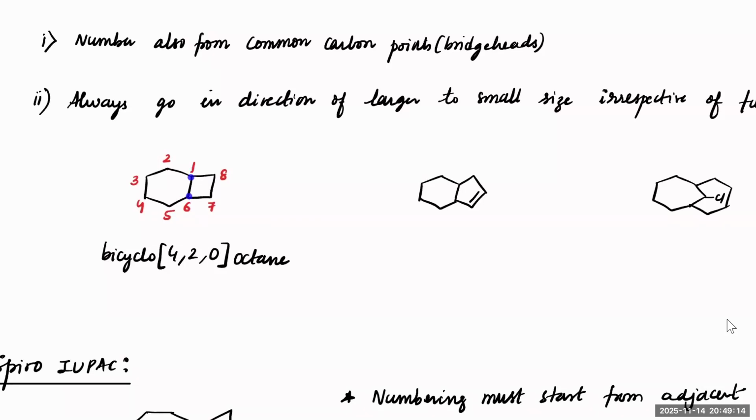With these common points, have you noticed left side I have the highest number of carbons? How many? 1, 2, 3, 4. So that is the first thing you will mention, that there are 4 carbons. And next on the right hand side, how many do we have? 2 carbons. That is the next priority. Between the bridge positions, are there any carbons? No. So 0. So all these three numbers should be mentioned. So 4, 2, 0. Always highest towards lowest.